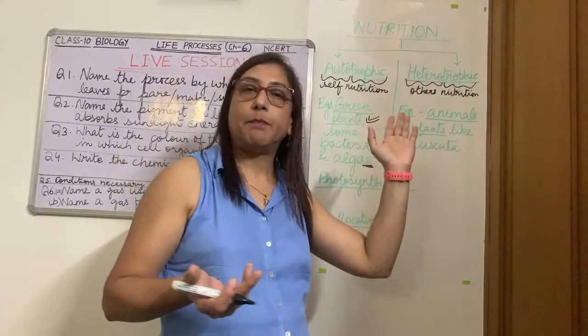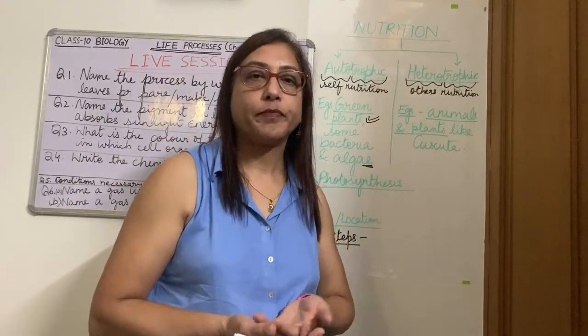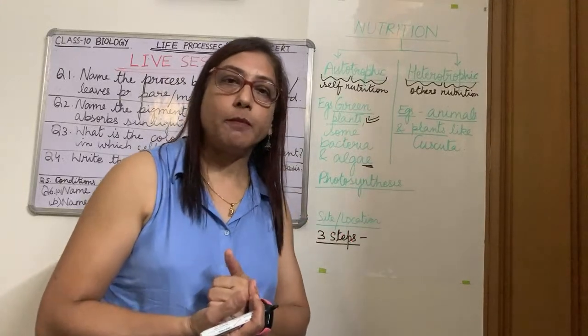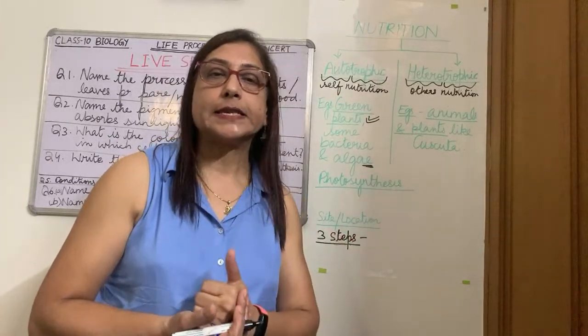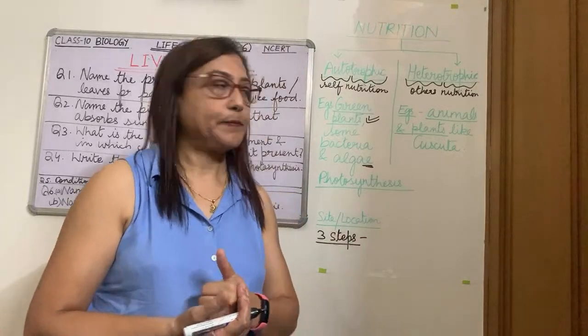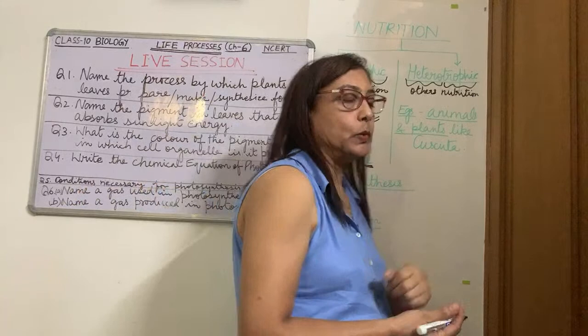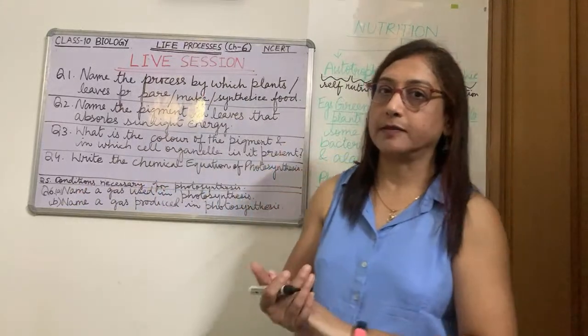All these green plants perform autotrophic nutrition. And how do they perform it? Through a process known as photosynthesis. So what exactly do the green plants do?